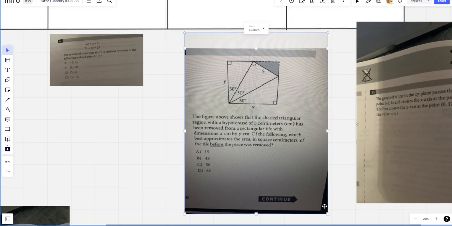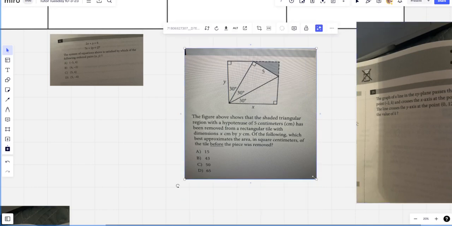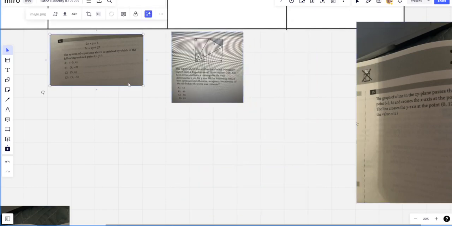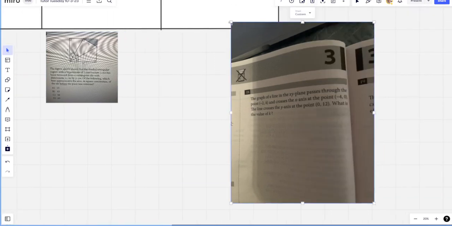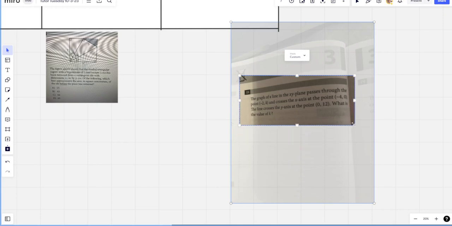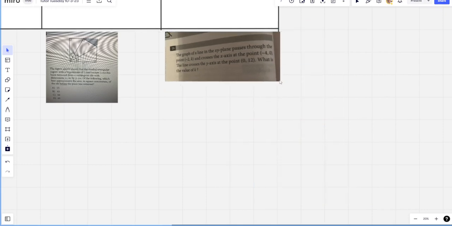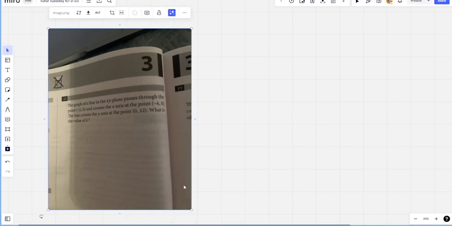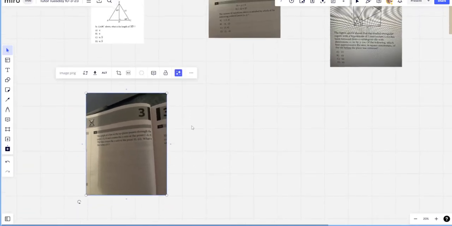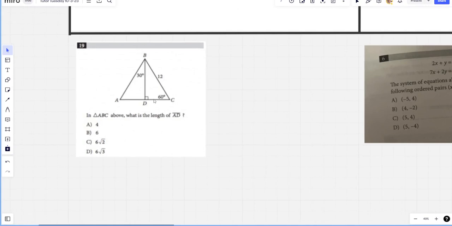I remember doing some of these SAT problems. I think we can get through all of them actually. I think we should be able to. Okay.